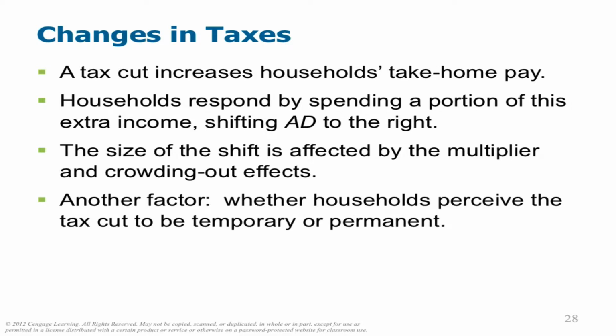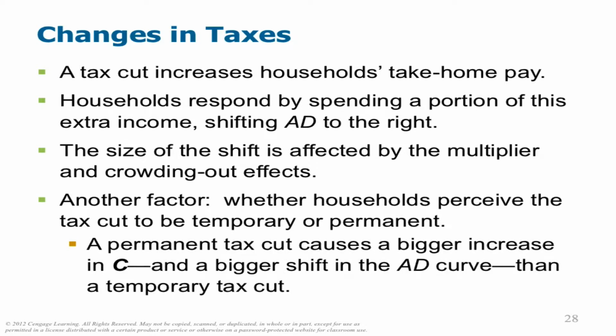Is that tax cut permanent or is it temporary? Are households thinking, yes, this money is mine forever, or is it a 1-year tax cut, a 6-month tax cut? That matters. It factors into spending habits.